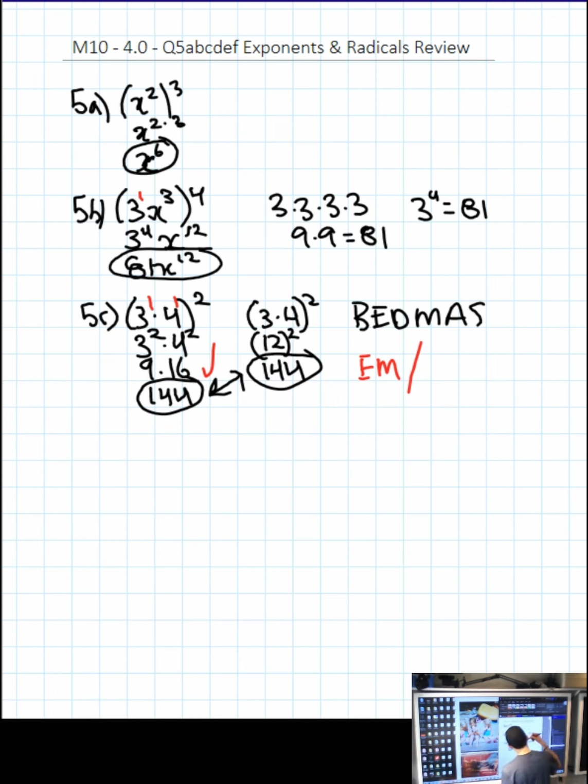But in the example on the right, I did brackets first and exponents second, which again is still in the same order. So just remember, BEDMAS is a preference of operations. You can't break the laws, but we can sometimes do things in different orders. All right.